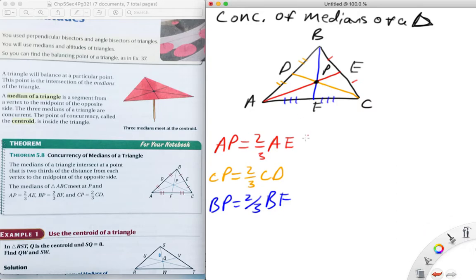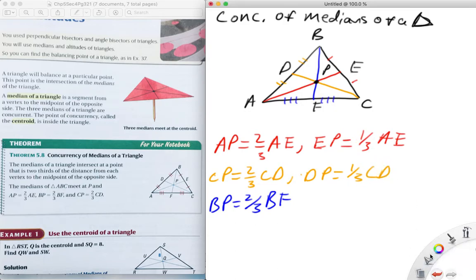You can get, well, if that's the case, then EP, and this isn't in your book, by the way, but this is something that you can sort of infer already. EP is 1/3 the distance of AE. You can say DP is 1/3 the distance of CD.